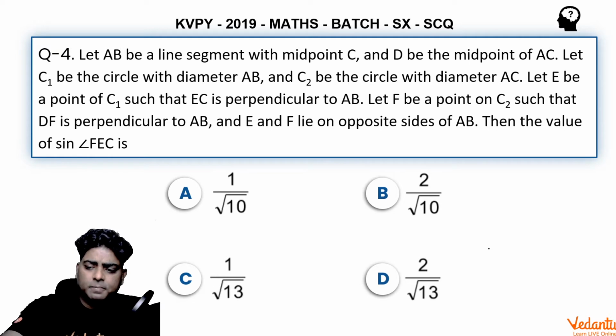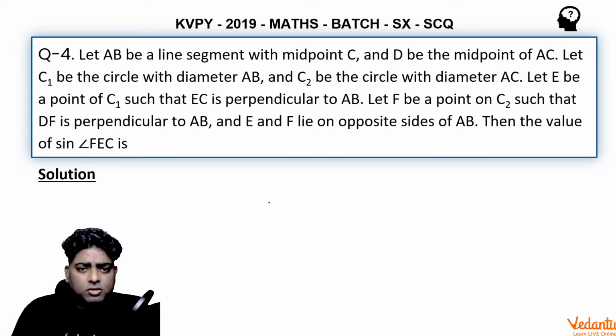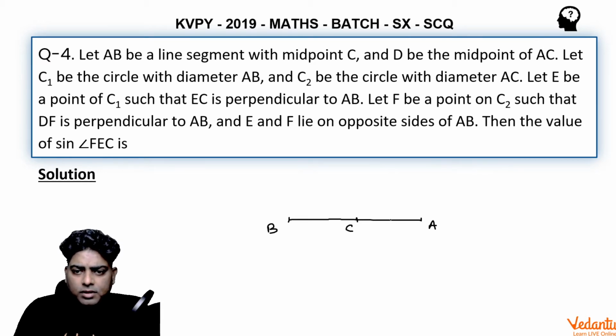Let's see how we can solve it easily. So we'll have to first draw a picture according to the situation given. Let's consider AB to be like this, A here, B here, C is the midpoint of AB, C here, and D is the midpoint of AC, D here.